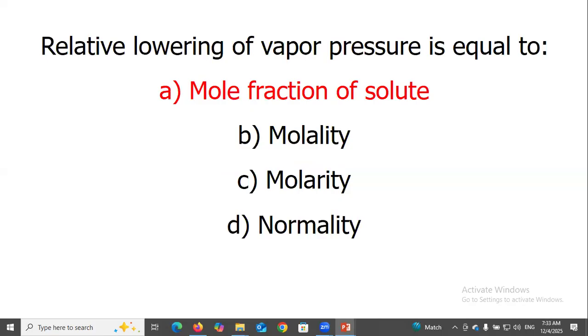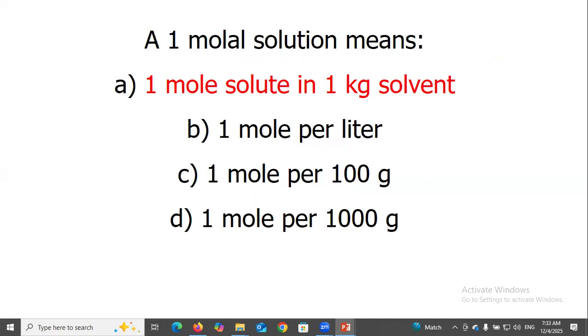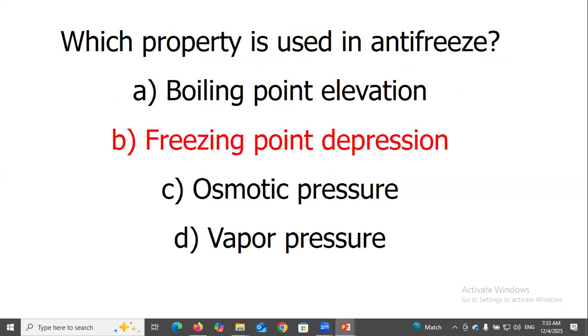One molal solution means 1 mole solute in 1 kg solvent. Which property is used in antifreeze? Freezing point depression.